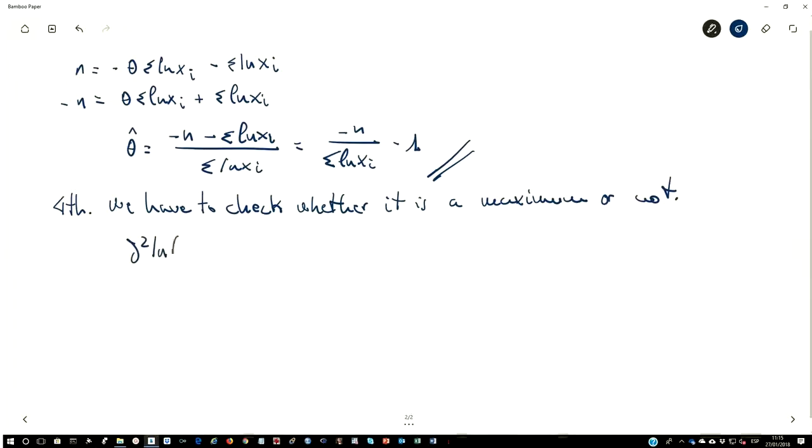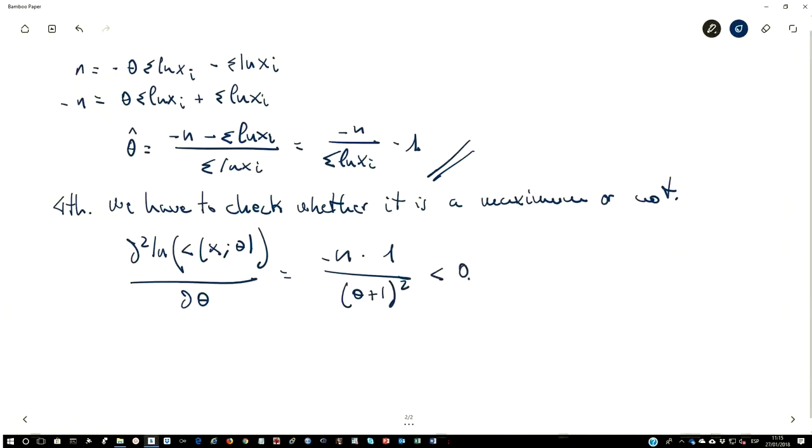If we do the second derivative with respect to the parameter, we have minus n multiplied by 1 divided by theta plus 1 squared. So this is going to be always negative, so we can affirm that this is going to be a maximum.